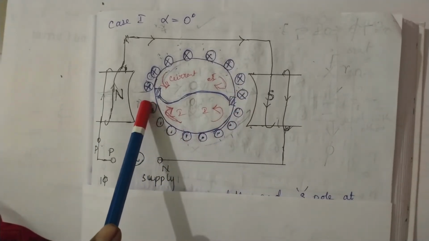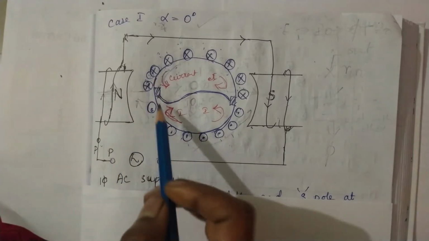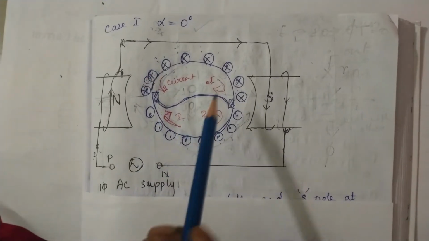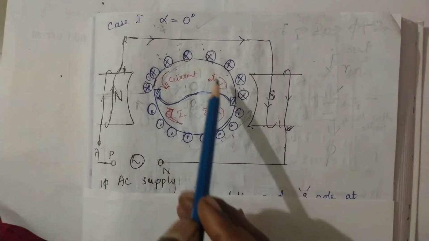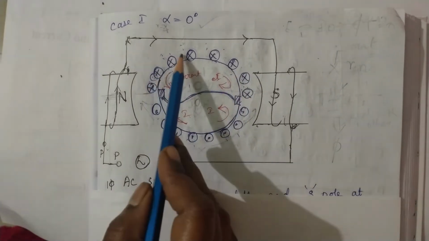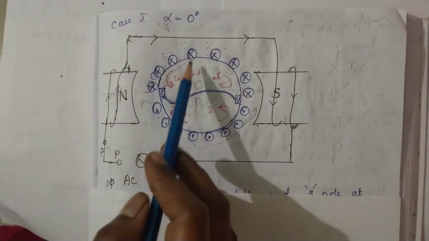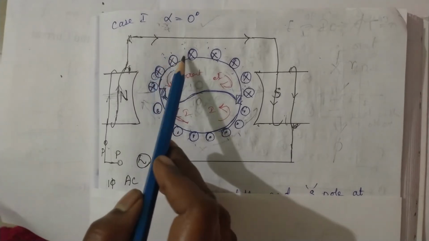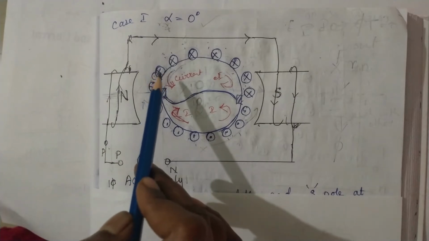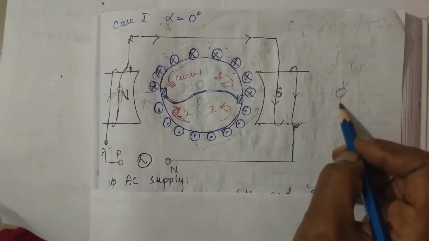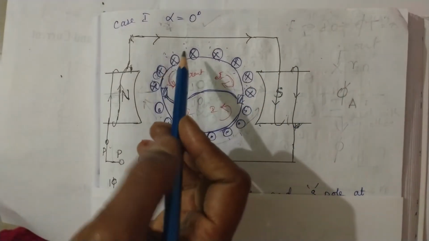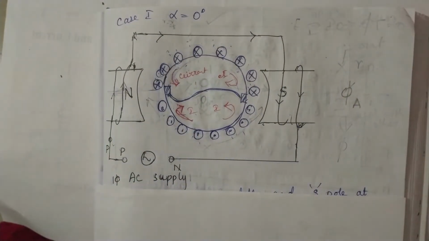Now, what will happen if we look at one of the closed loops? Looking at the top portion, there are 8 conductors, and there will be some EMF, which causes some flux in the armature. That flux is nothing but the armature flux, phi A. So this armature flux, now what will happen?